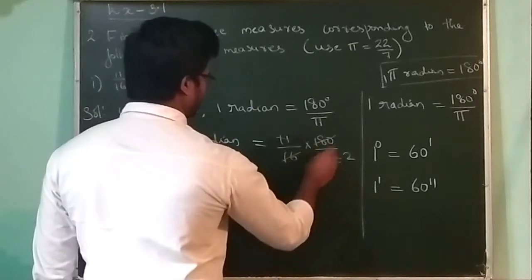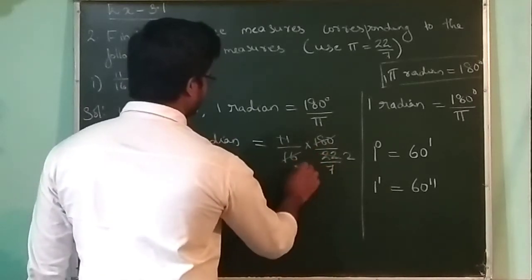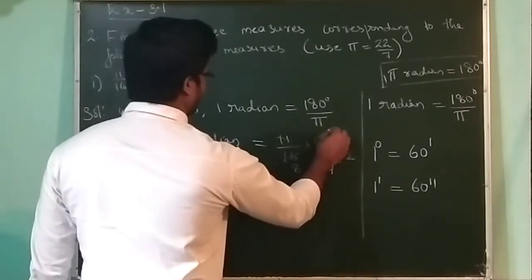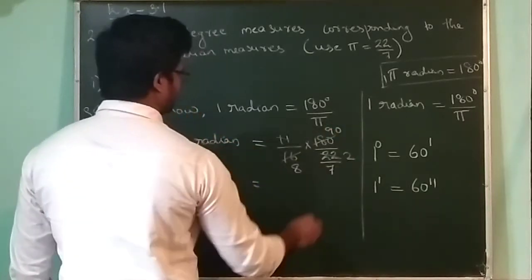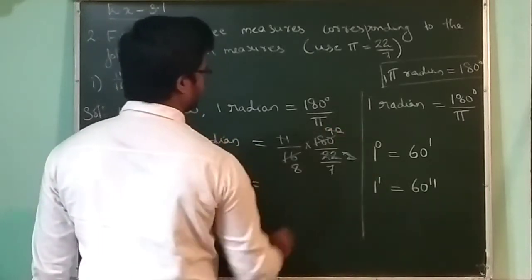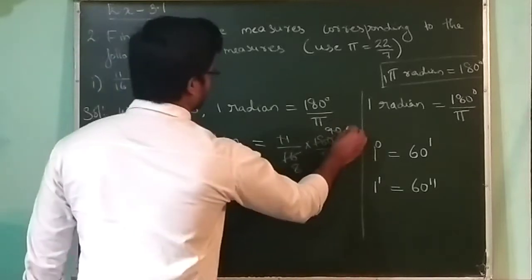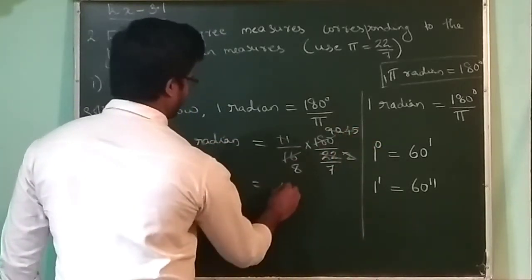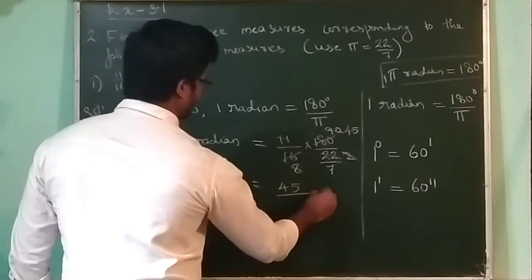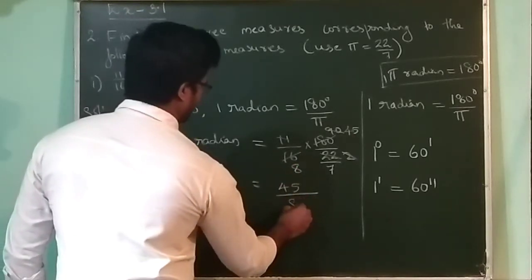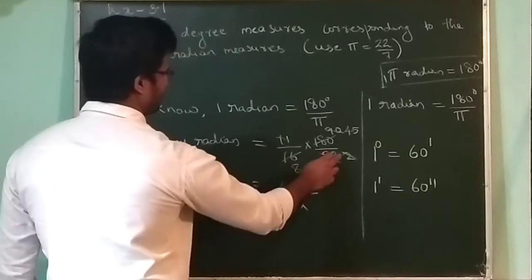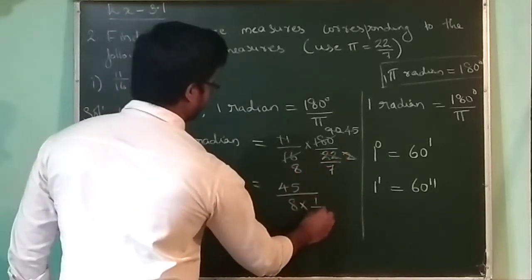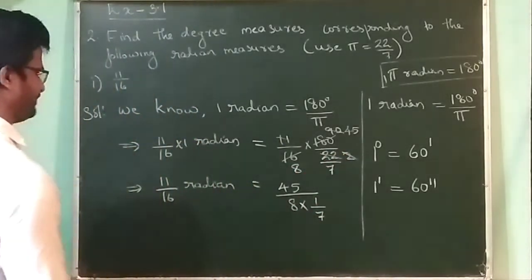Which number we can use? 2 we can use, isn't it? 8, then 90. Again this 2 and 90, 45. Remaining we can write here 45 divided by 8 into remaining here 1 by 7.